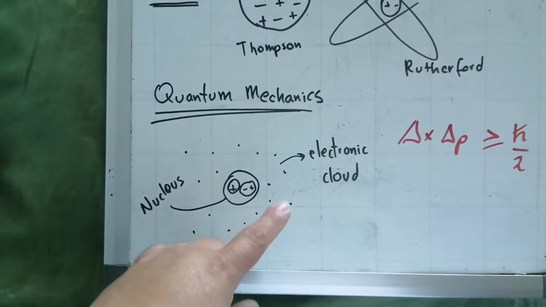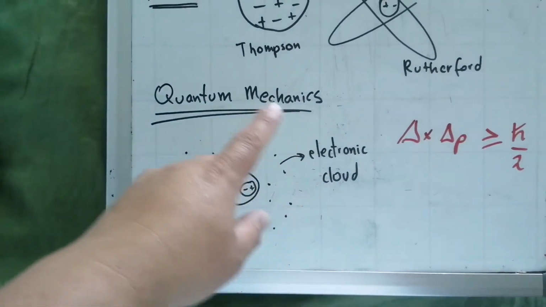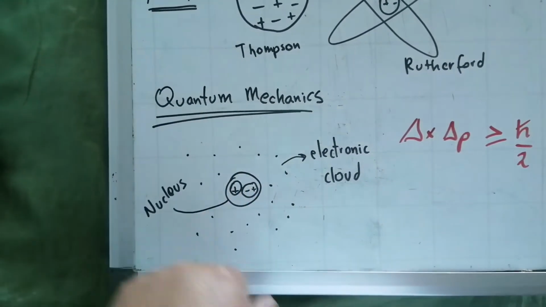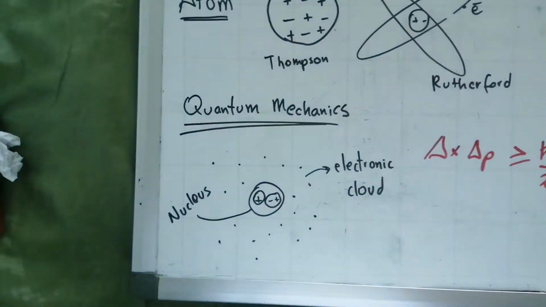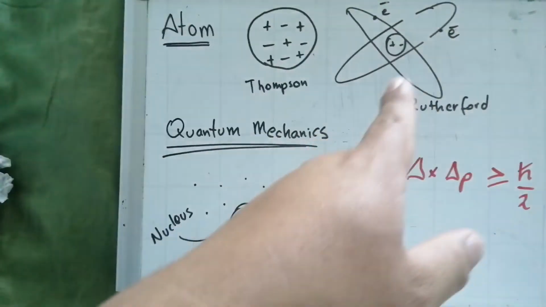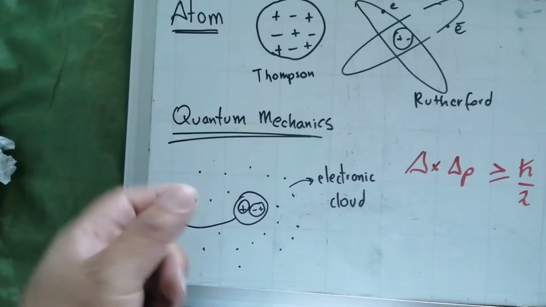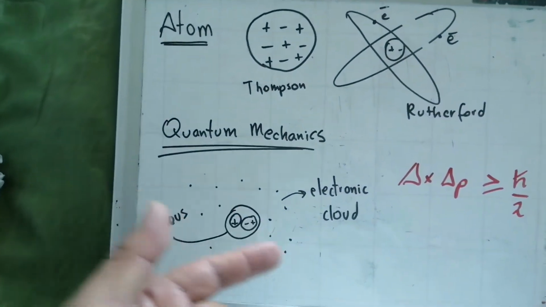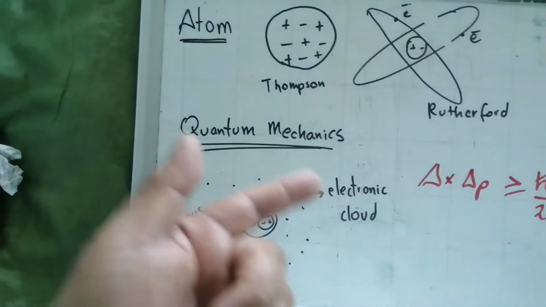This sort of electronic cloud is the reason why I put dots around the nucleus; it is how we can see an atom now. We cannot see it like this or like this anymore, because these are wrong methods. By quantum mechanics, we can tell that the electronic cloud is the right way to see an atom.